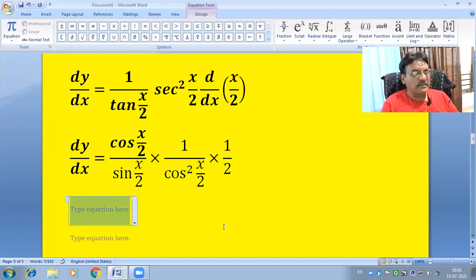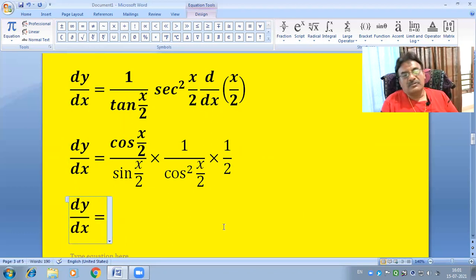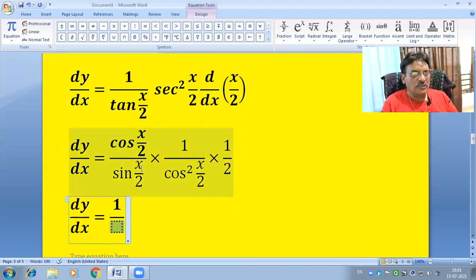Therefore, here dy by dx is equal to, here 1 cos x by 2 gets cancelled from cos x by 2 and cos square x by 2. Then here 1 into 1 into 1, so right here 1 upon 2 into sin x by 2 into cos x by 2.